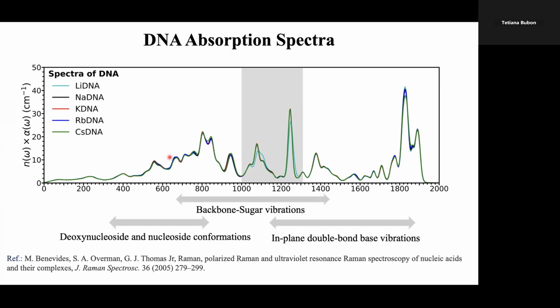We fitted this region where we observed the difference, and we saw that this broadening appears because of the difference in the intensities of the modes, which is related to the phosphate vibrations of the DNA.